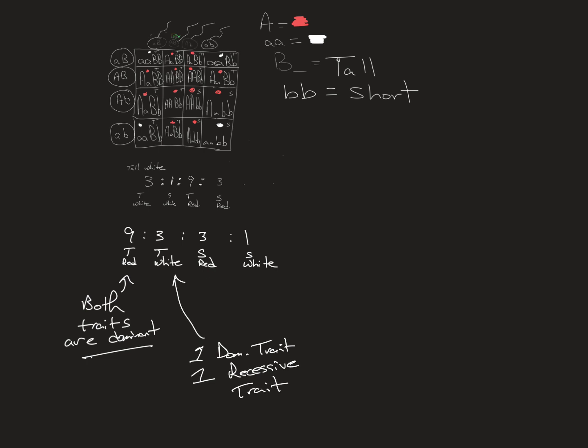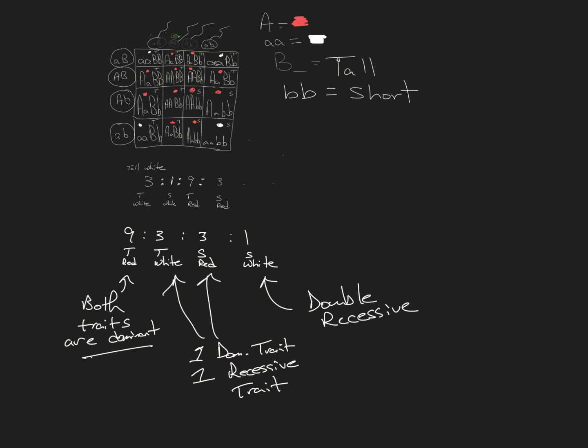And then the next one also is one dominant trait, one recessive trait. Again, you'd expect that because if you get it, you see it. Make sense? And then the least frequent one is going to be the double recessive.